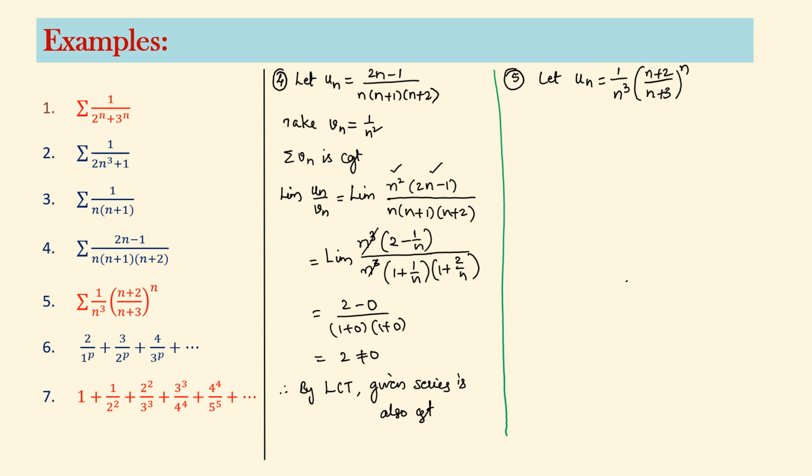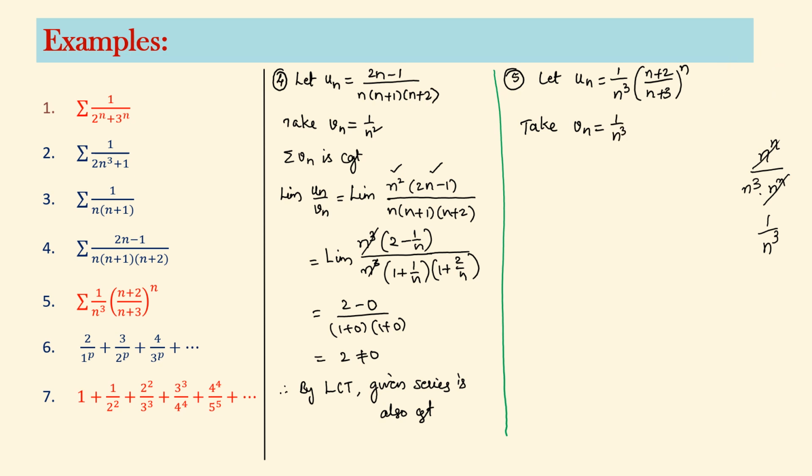So take Vn as follows: the highest power of n in the numerator is n power n, and in the denominator it is n cube into n power n. From n plus 2 whole power n, the highest power of n is power n. So n power n we are taking. Now both from the numerator and denominator this will get cancelled, and we are left with 1 by n cube. So this is our Vn.